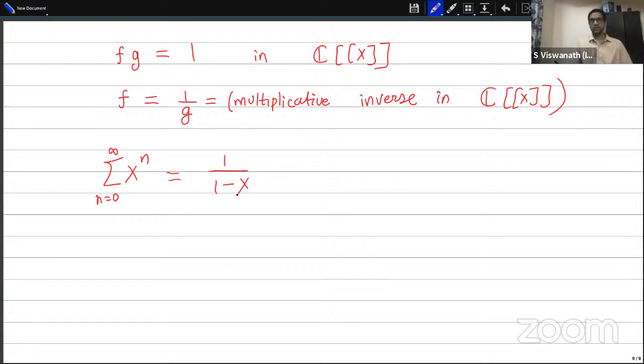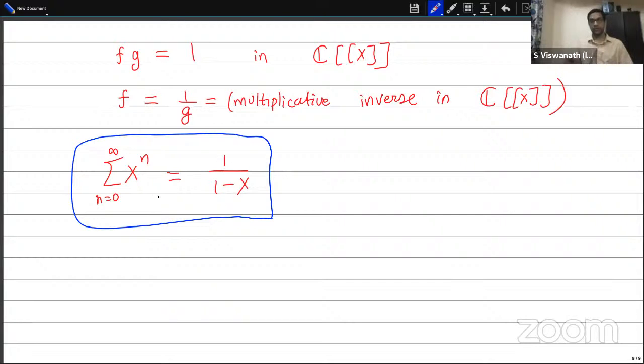All along, originally, we are used to thinking of this as an identity where you think of x as a real number. When mod x is less than 1, the left hand side converges and gives me a number, and that number turns out to be the same as the number 1 over 1 minus x.